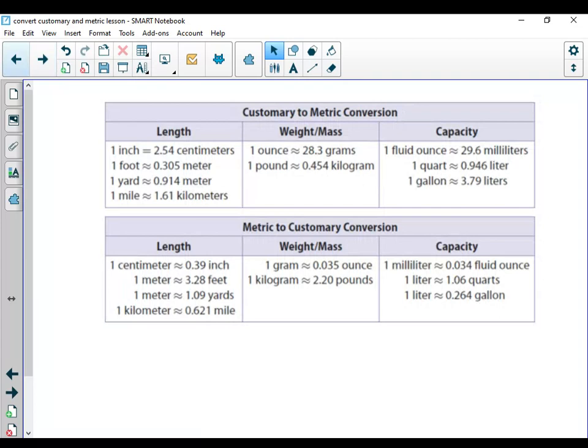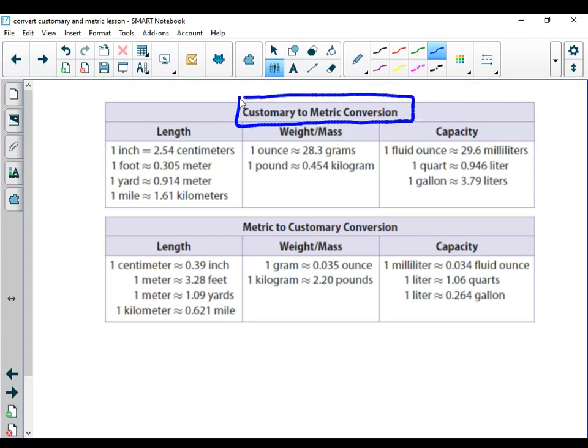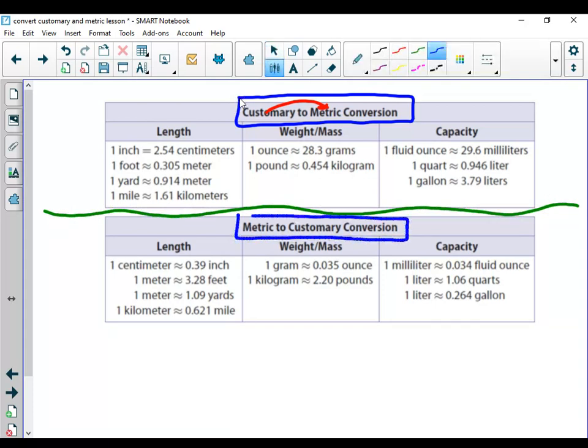So we have a different table today. One of them says customary to metric. So if you start with miles and go to meters, and then the other half is metric to customary.